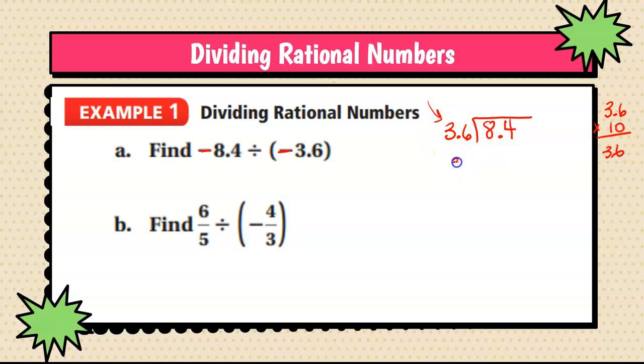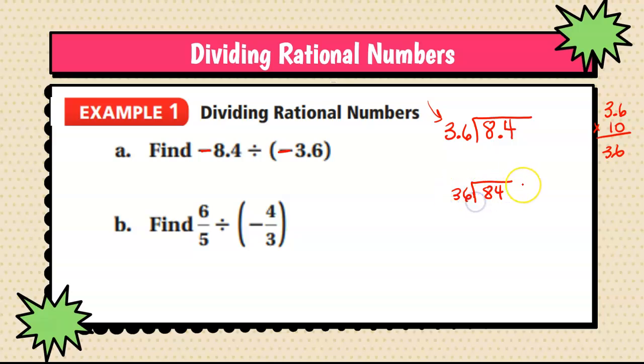So I'm going to rewrite this as 36. Now, if I've done that to my divisor, I'm also going to need to do this to the 8 and 4 tenths. If I multiply 8 and 4 tenths by 10, that's going to give me a product of 84. So now I have a division problem.